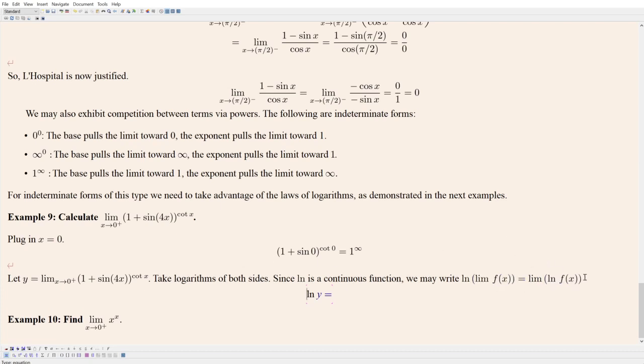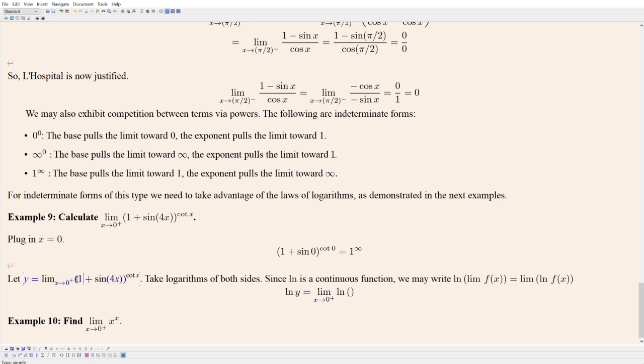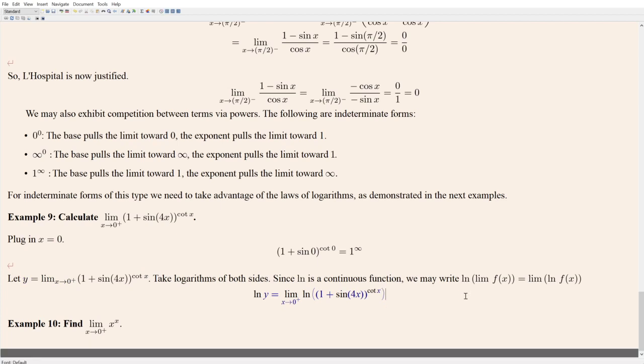So limits and logs, those are interchangeable, which means that log of the limit, well, I can just flip them around and write the limit first. Like so.